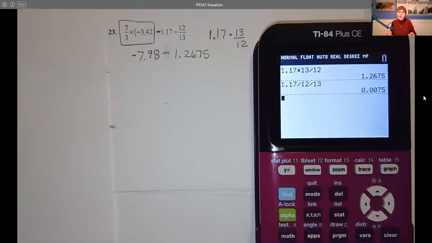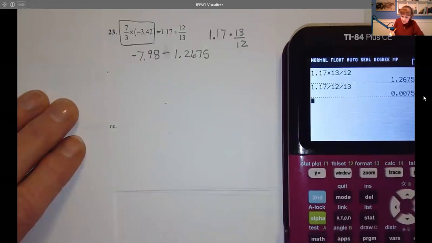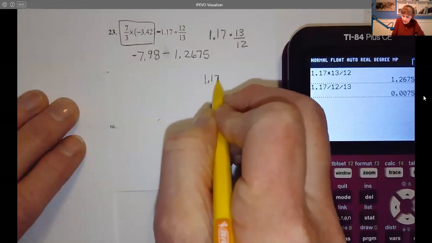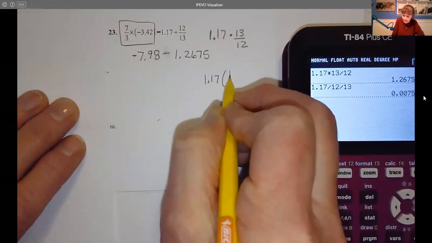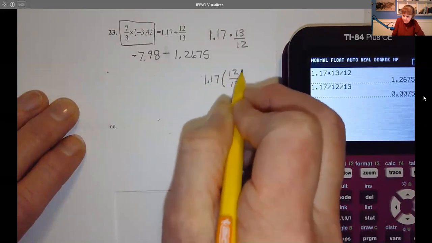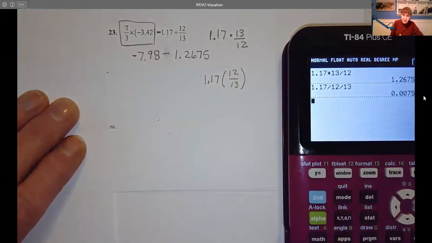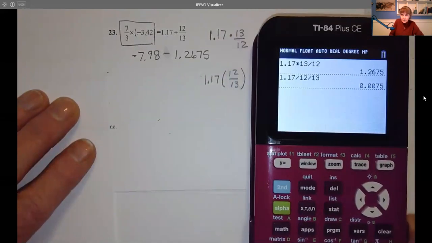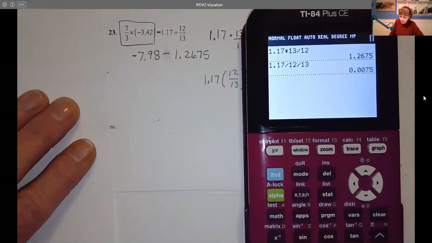What could you do other than the copy dot flip and get the right answer? Here you could, if you wanted to, when you put this in your calculator, 1.17, you could put parentheses. Then you would come up with the right answer if you've got parentheses. So you just have to be real careful how you enter things. Parentheses means times.